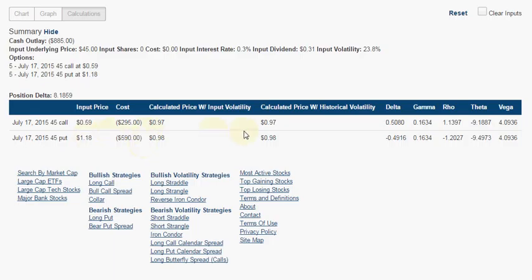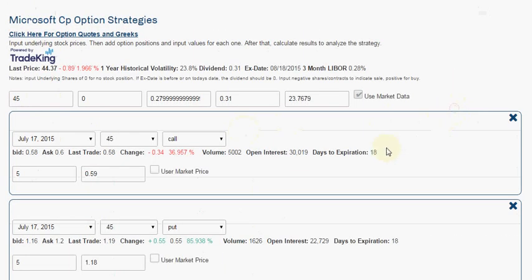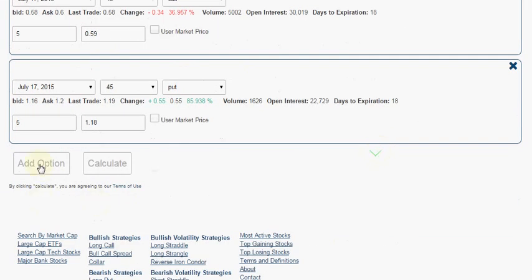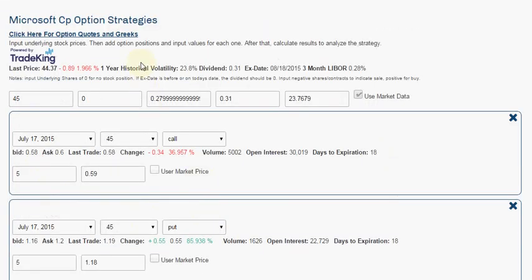But right now, I want to give you an overview. You can really add any type of strategy, and just see how it goes with what you think the underlying price is going to do, and with various things like volatility. That's an important concept in options trading, just how different changes in that will affect your outcomes.